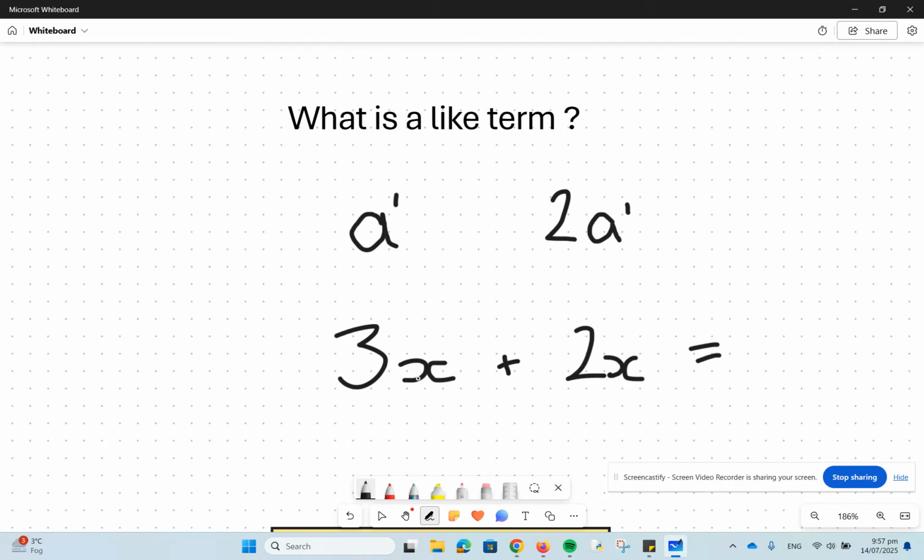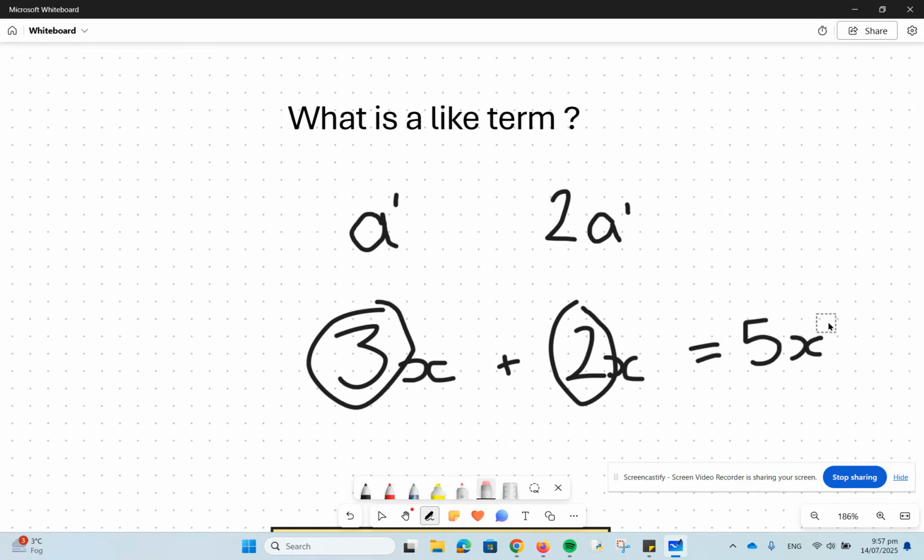If I'm simplifying these two, trying to get a simpler answer, all I'm really doing is adding the number called the coefficient. I'm just adding them together, that's all I'm doing. Do you see that? Interesting, eh? See the number in front is basically what the answer is going to be.